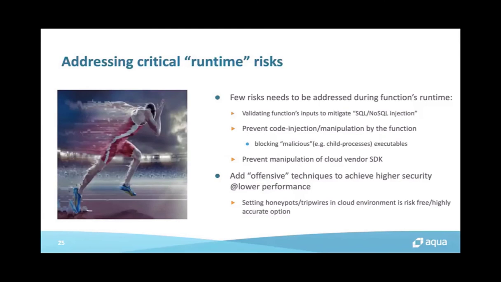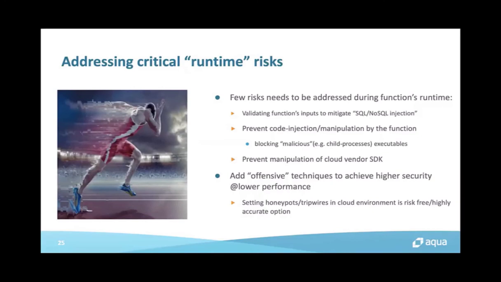So by spreading around some honeypots and tripwires, things that can be very tempting to an attacker, we can use a virtual environment that has no meaning. But if someone is using it, it's a very clear indication that there is an attacker in the account, because there is no other reason why the function would call or use those services. This is very easy to do in the cloud and can give you a very high level of security without any performance penalty or impact.